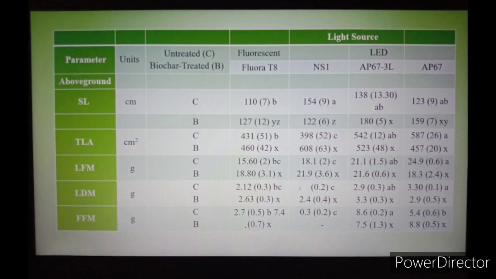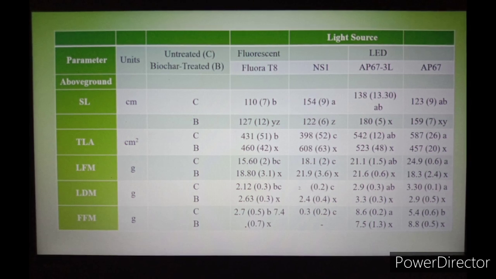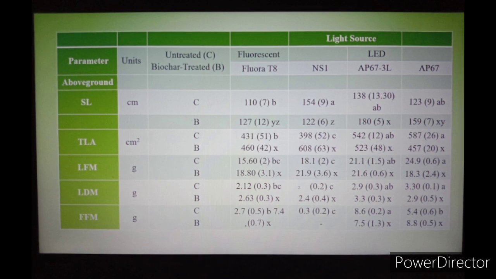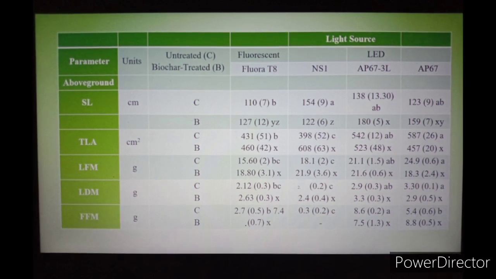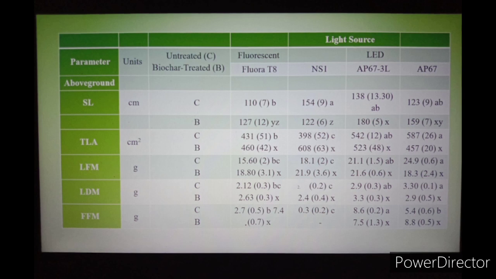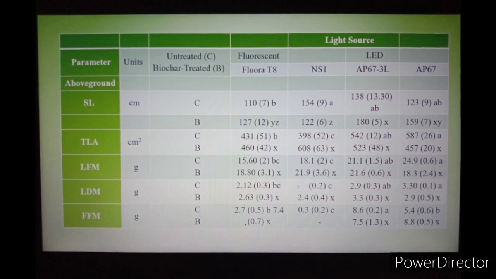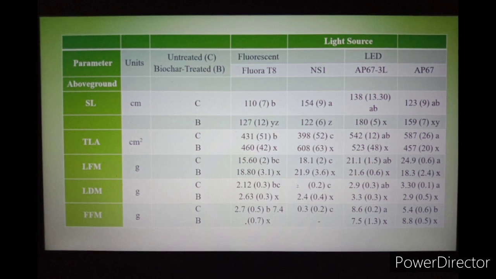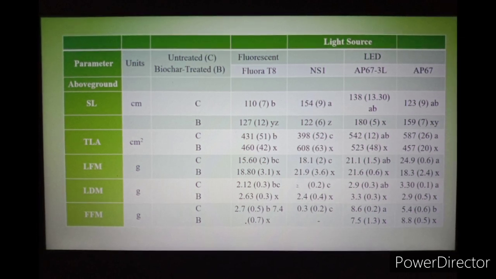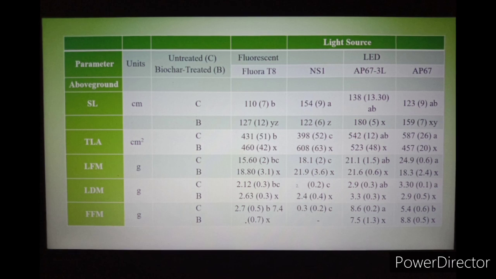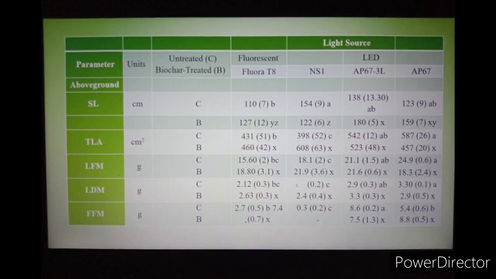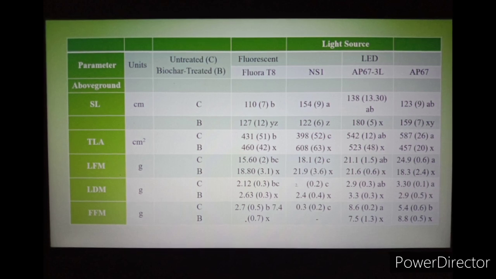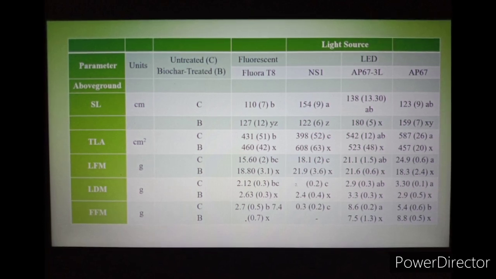Bold values indicate statistically significant differences between untreated and biochar-treated plants with the same lighting treatment at P greater than 0.05. Letters A, B, and C indicate statistically significant differences among lighting types within control plants. Letters X, Y, and Z indicate statistically significant differences among lighting types within biochar-treated plants.